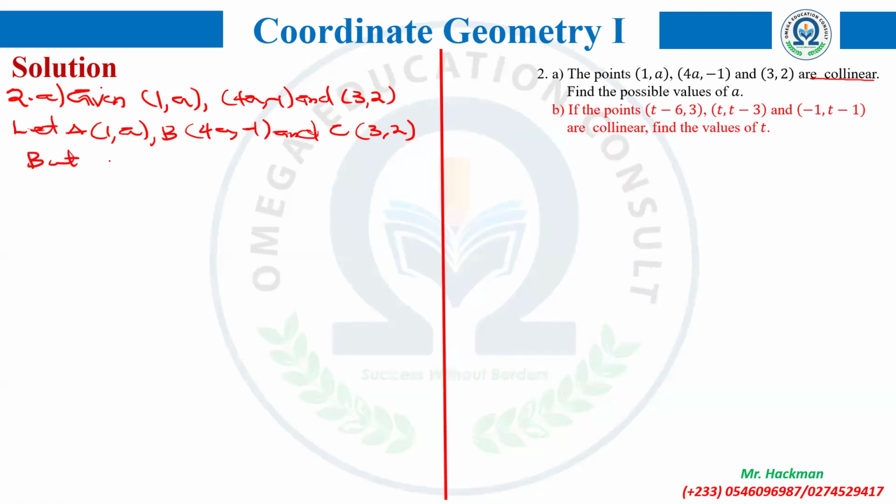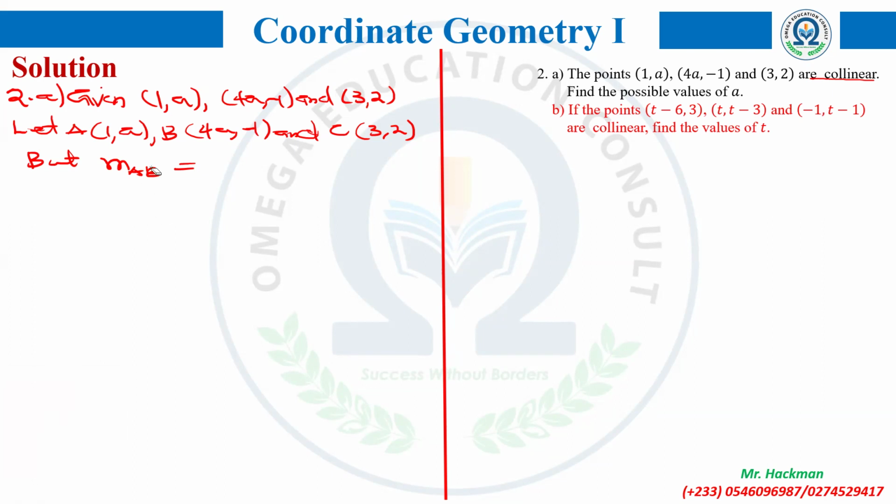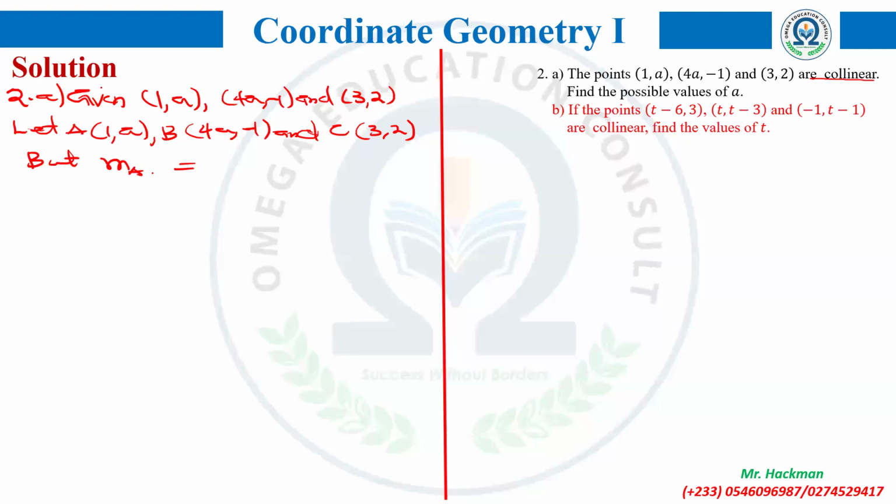I know that the gradient of AB must be equal to the gradient of what? So I said I'm using AC rather. Forgive me, let me go and set out my plan, but I'm not going according to plan. So let's go and effect. I will use AC must be equal to the gradient of BC. Is my point well made, my professors?